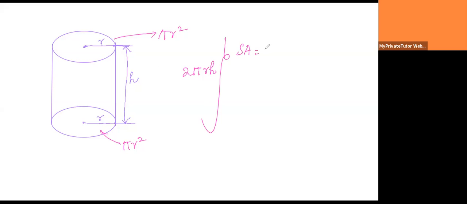We have two circles, which is pi r square plus pi r square, 2 pi r square, plus 2 pi r times h. 2 pi r is the circumference of a circle, and we have a distance between two circles, so that's why we multiply by the height, h. So this is the formula. This is how we need to break it down. I hope you guys understand and know this formula.